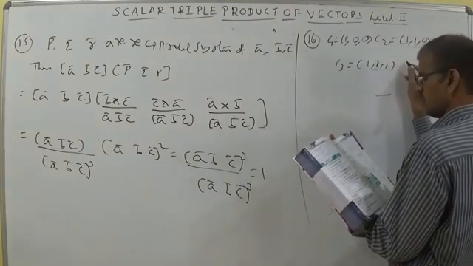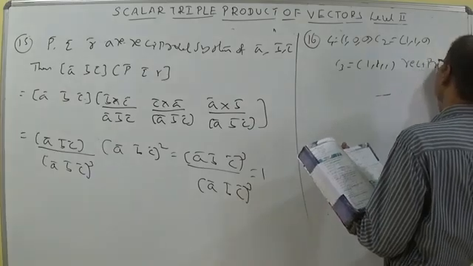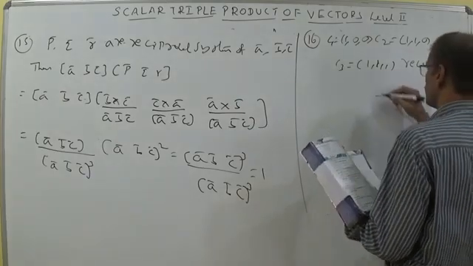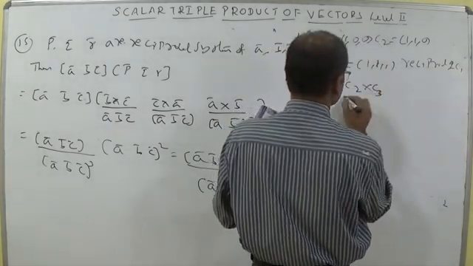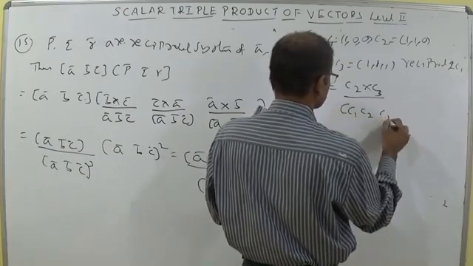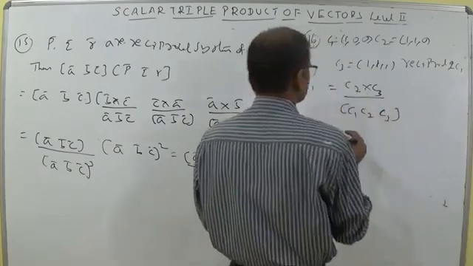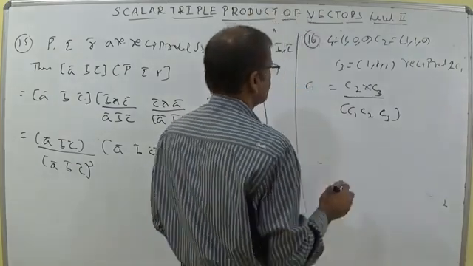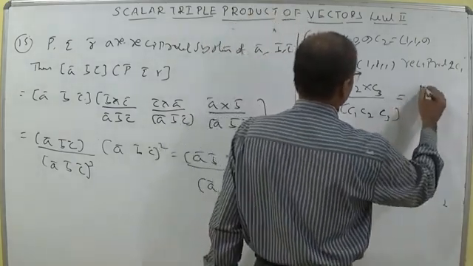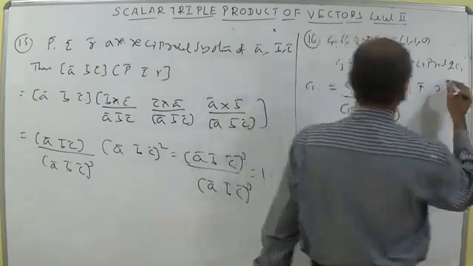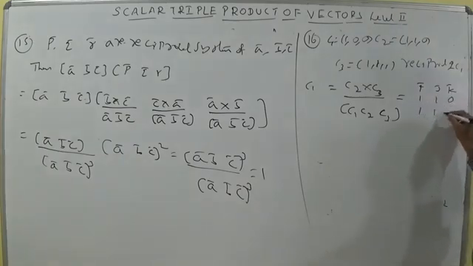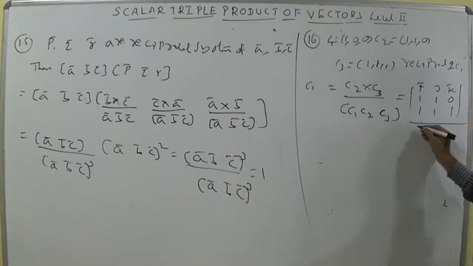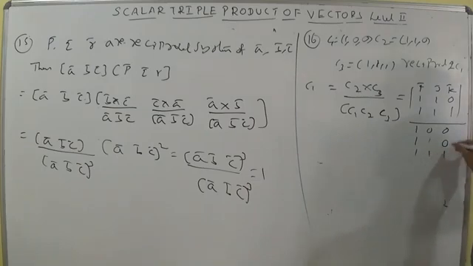Then the reciprocal of C1 is C2 cross C3 by box C1, C2, C3. Now you can write here i j k, C2, C3: 1, 1, 0 and 1, 1, 1, by box 1, 0, 0, 1, 1, 0 and 1, 1, 1.